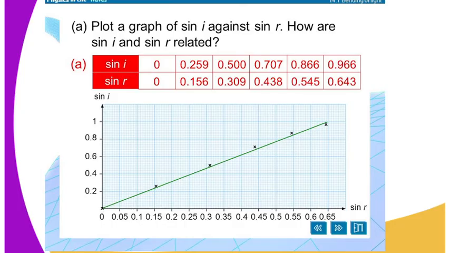Let's say the equation is sin i = n sin r. The gradient of that graph gives us the refractive index of the medium into which the light fell. So that is how we find the refractive index using a graph.